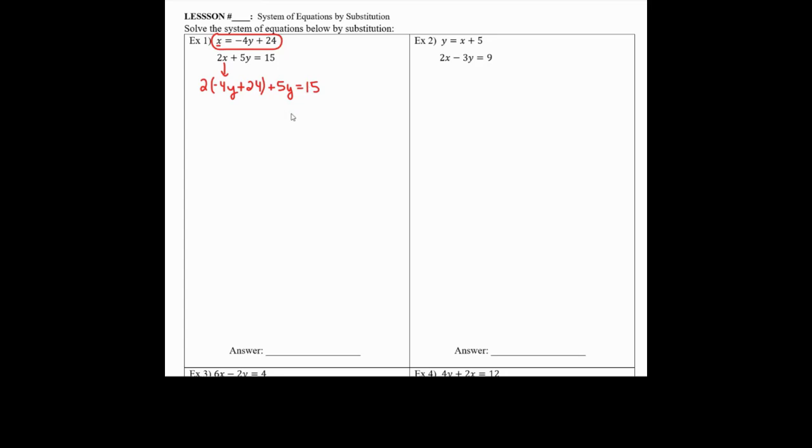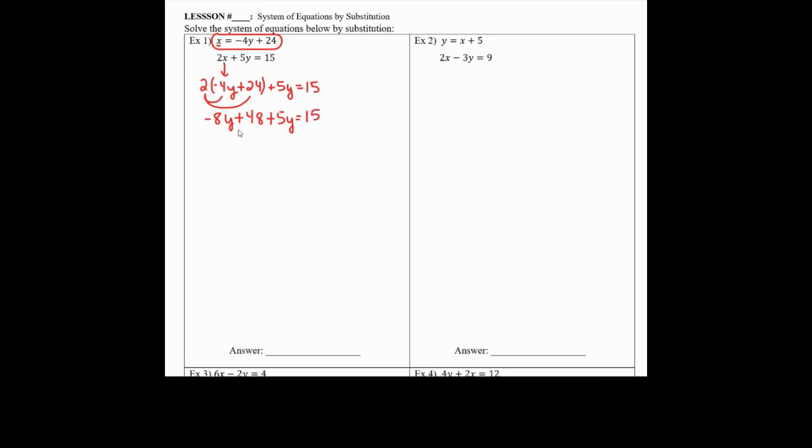Now I'm going to solve the equation. I'm going to distribute, or eliminate parentheses, and multiply 2 times negative 4 is negative 8y. 2 times 24 is 48. We bring down the 5y. Equals, we bring down the 15.